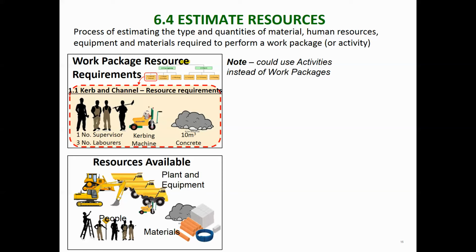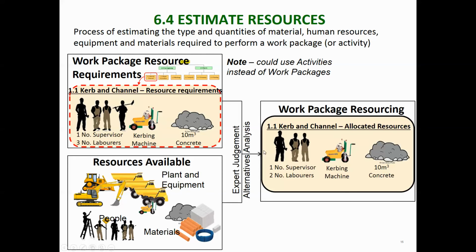So you've basically got to say, well, I'd like a supervisor, 3 labourers, but have we got those things available to us? And remember, it's available within your organisation, or you may say, well, we're going to procure them. So for example, with the concrete, you maybe don't have a concrete plant as part of your organisation, so you need to procure that from an external source.